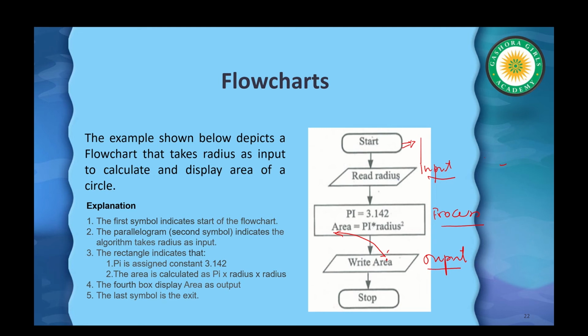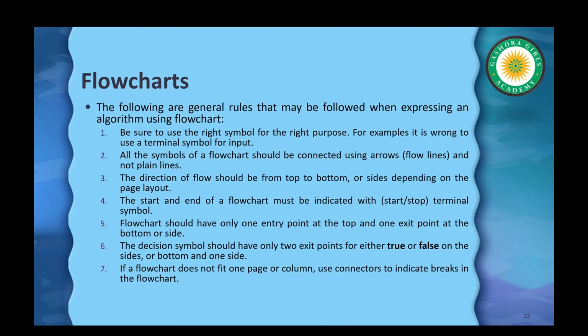The fourth symbol is the box which displays the area, while the last symbol is the exit or the end of our flowchart.